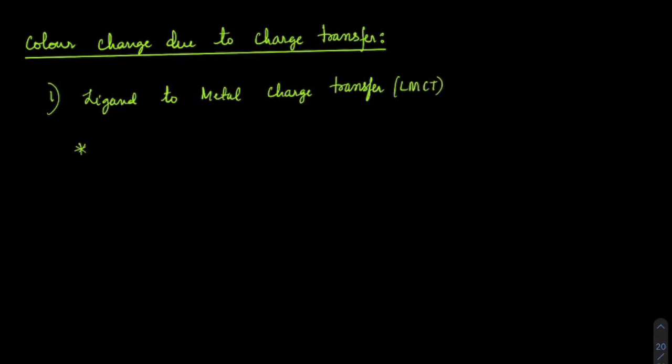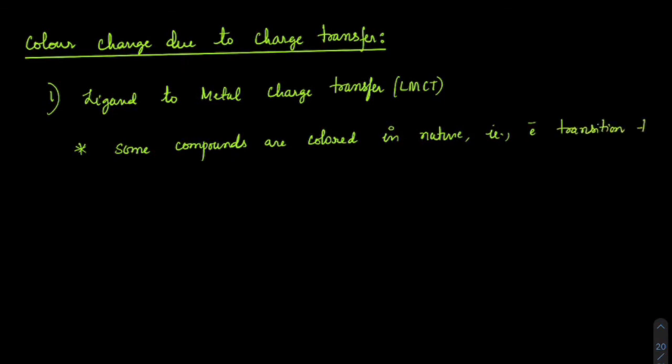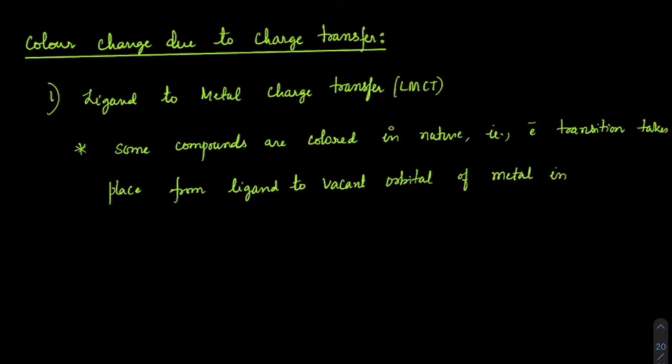Now what happens in LMCT is that some compounds are colored in nature. That is, electron transition takes place from its ligand to the vacant orbital of the metal, in the visible region.